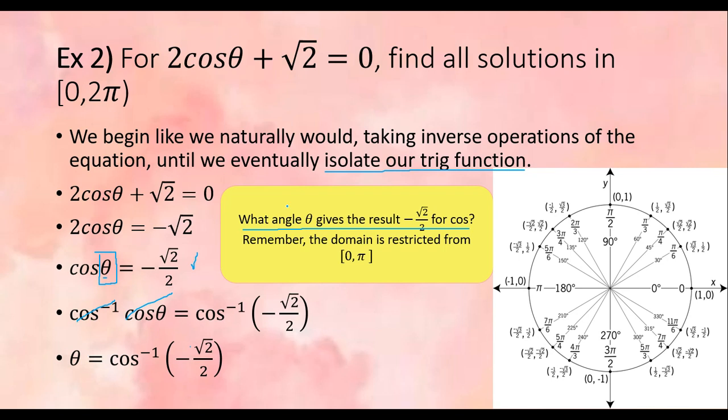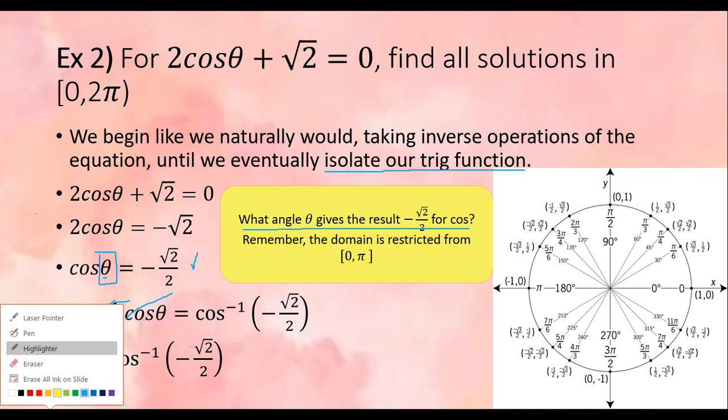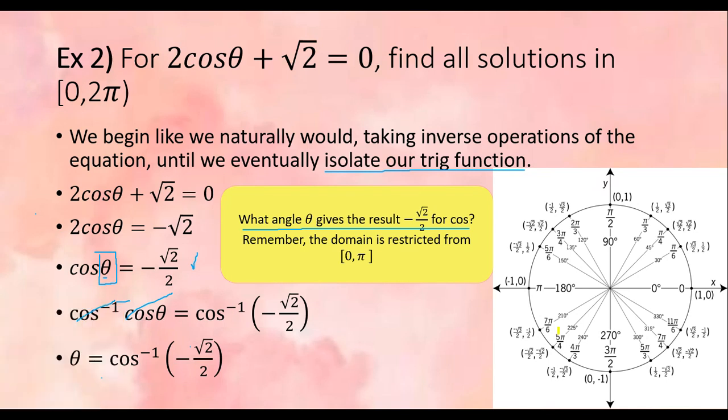Again, since I'm dealing with cosine and inverse cosine, I have a restricted domain. So my restricted domain is 0 to pi, okay? 0 degrees to 180 degrees.